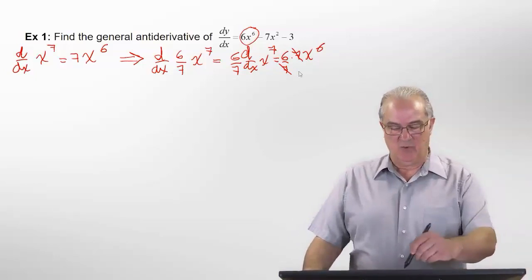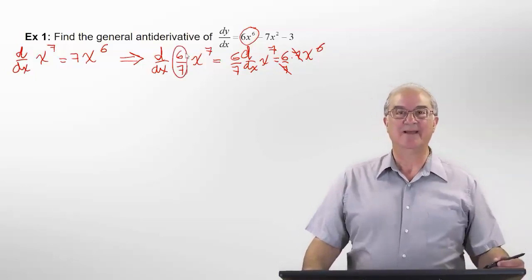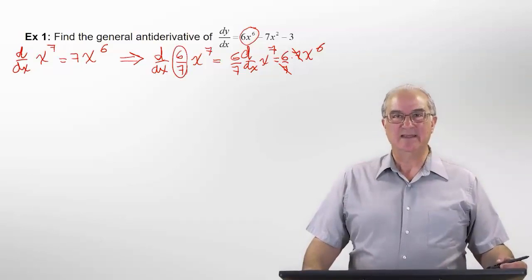So that explains why I chose to multiply by the constant 6/7.